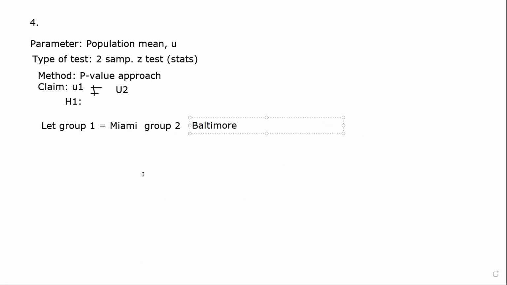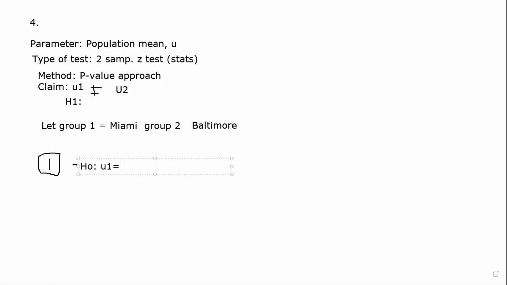So now I'm ready to do my stages. So I have H1. This is step 1. It's going to be my null: mu1 is equal to mu2.